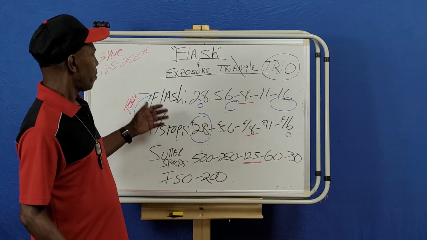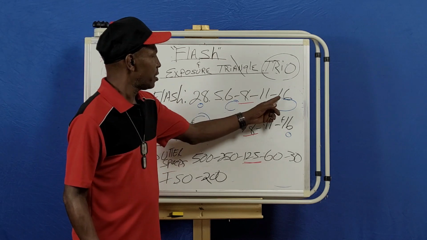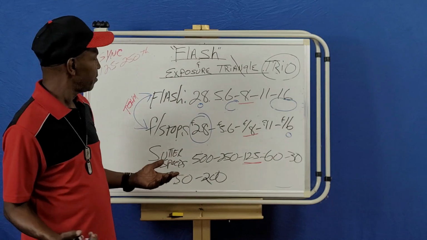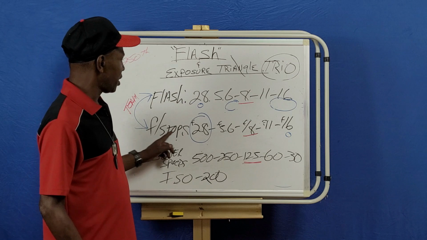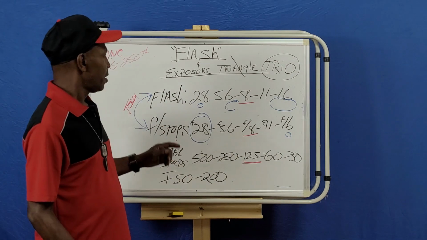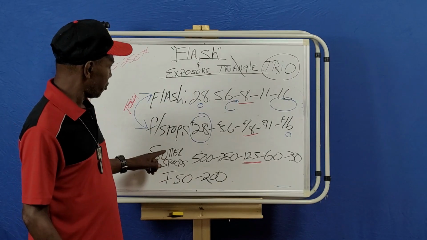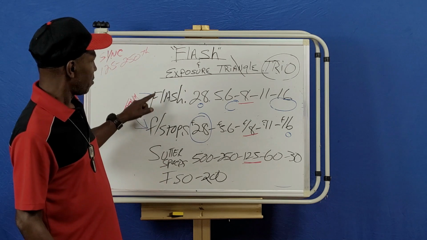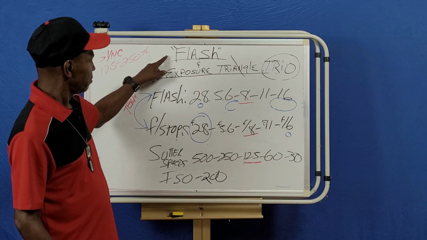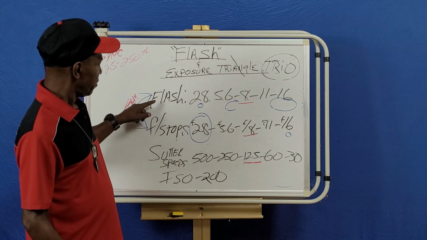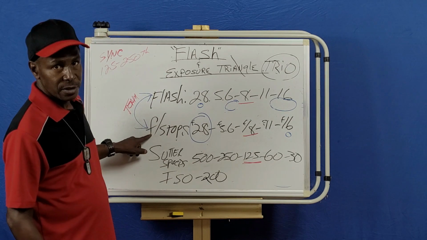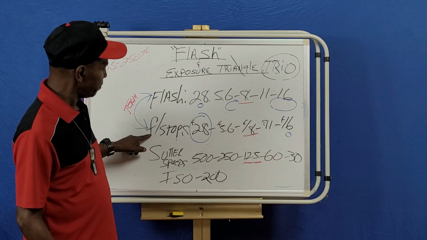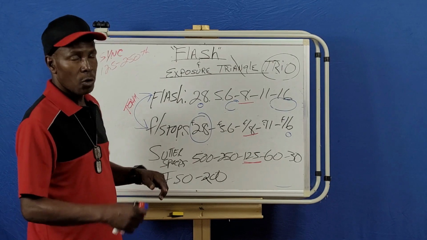So would you change your flash settings or would you change your f-stop settings? No, you would change your shutter speeds because remember now, once you turn the flash on, your flash and your f-stop team up to work together to expose your subject.